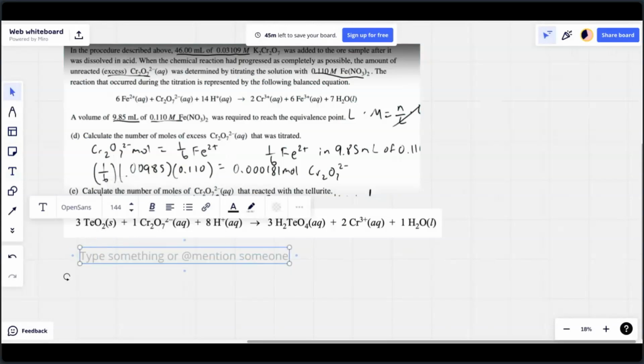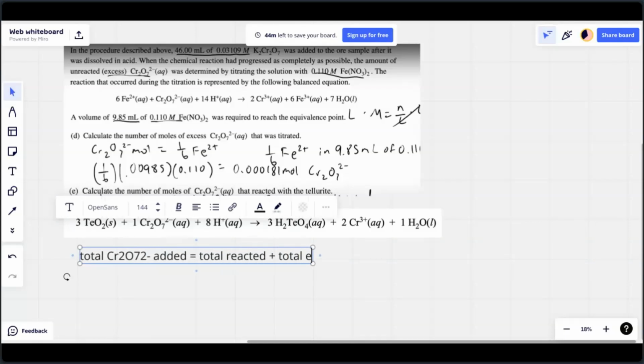So we know that actually the total added, let's work through this backwards. The total added, and it's actually total dichromate added, is equal to how much reacted plus how much was excess, right? All of it either reacted or was excess.